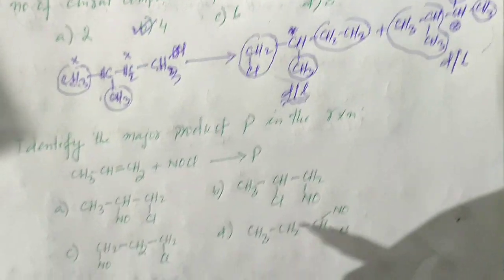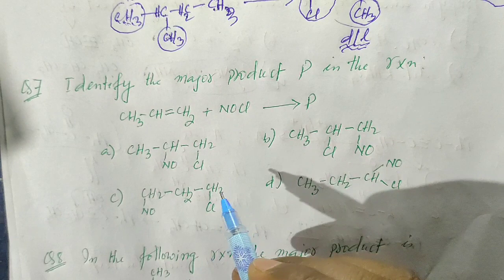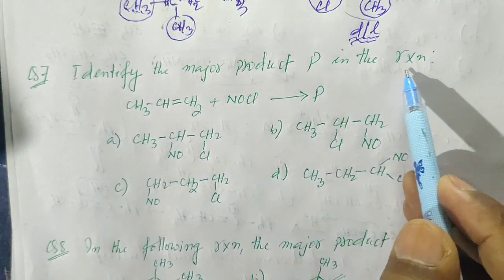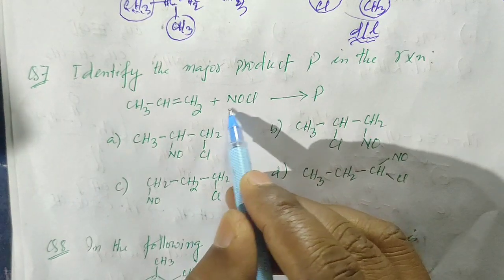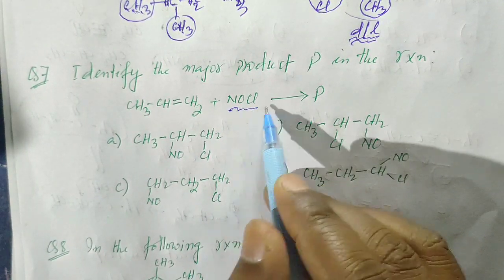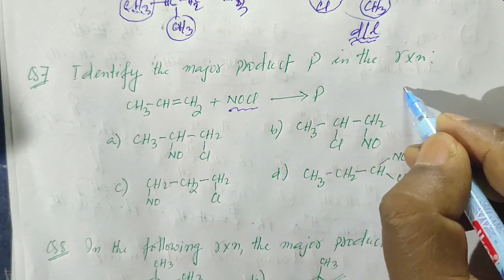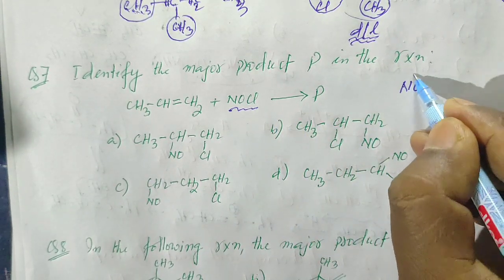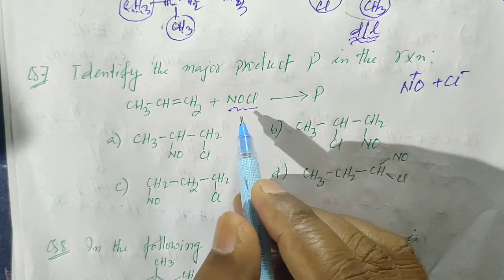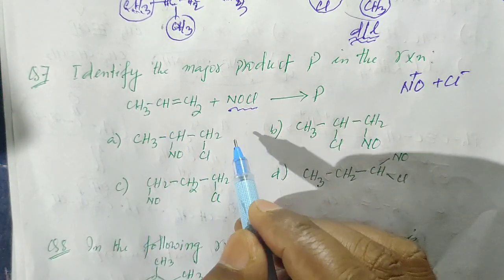means B. Okay, now let us come to the 7th question. Identify the major product P in the reaction. Now what is this? NOCl, nitrosyl chloride, P. So when nitrosyl chloride is ionized, we will get NO plus and a Cl minus, and this addition will take place according to Markovnikov's rule.